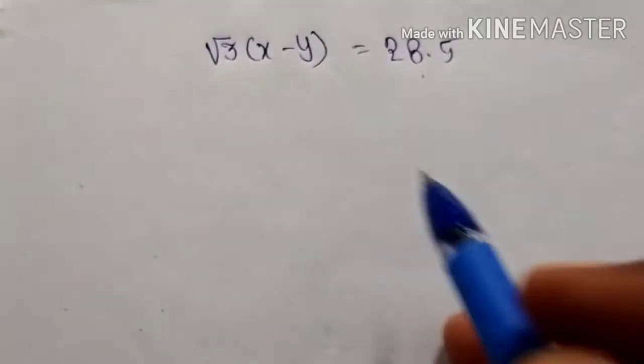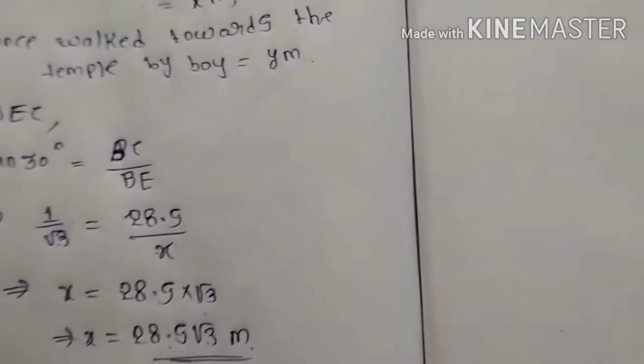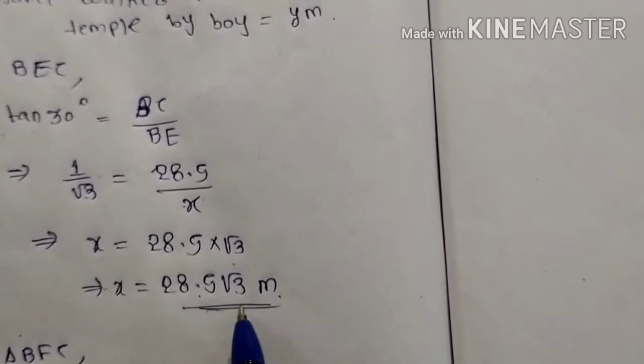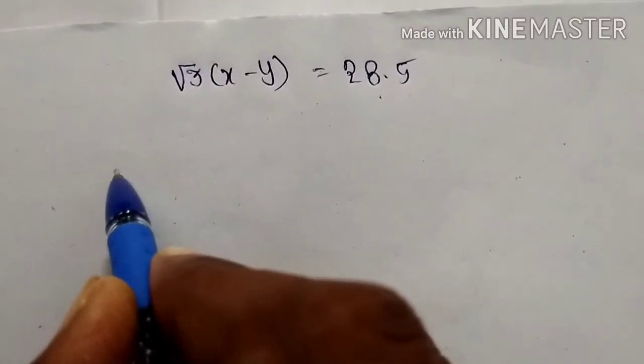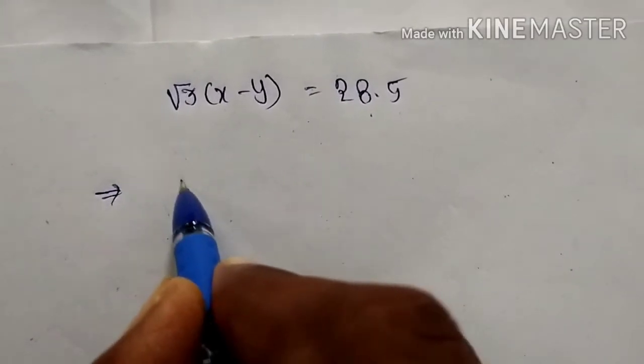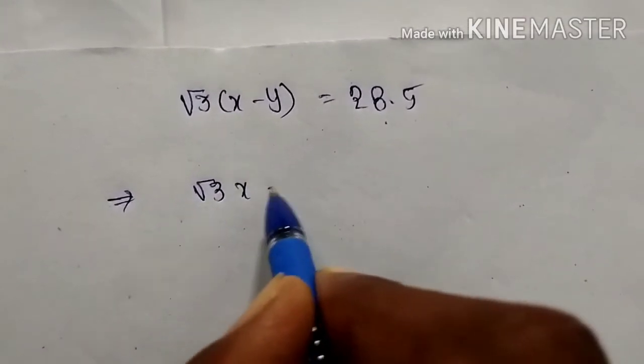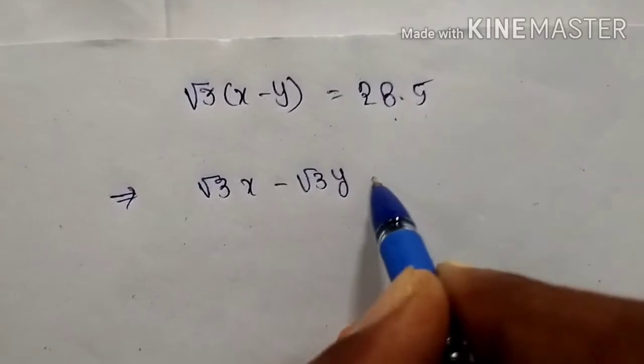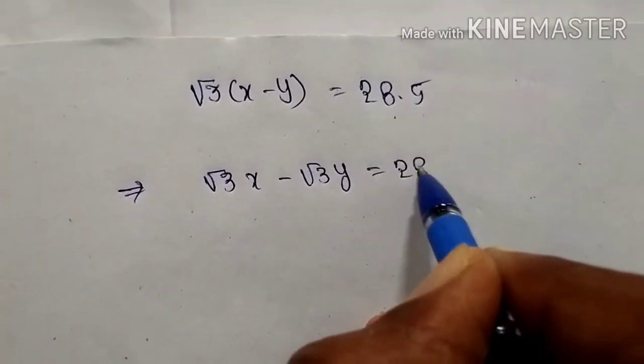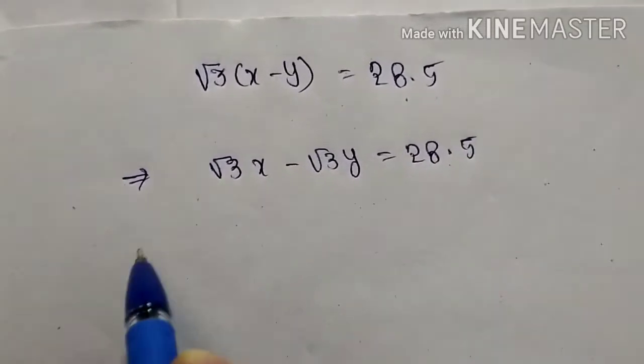Already you know that x value is how much? x value is 28.5 root 3. You can substitute here. Implies I am writing root 3 into x minus root 3 into y is equal to 28.5.